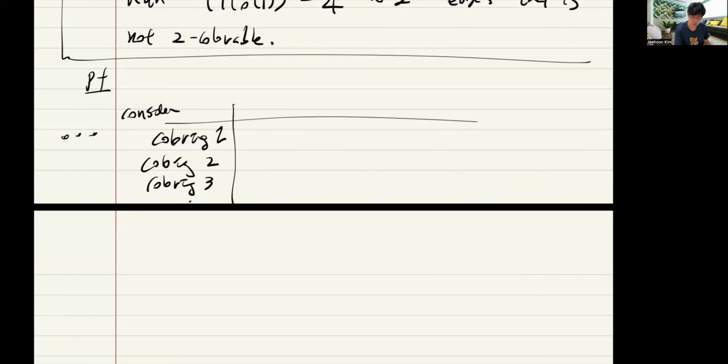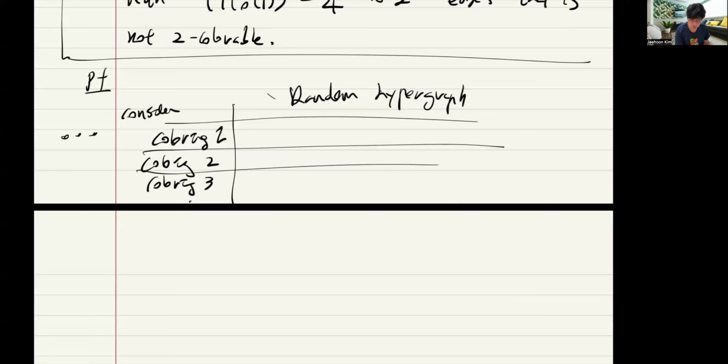And then you randomly generate the hypergraph. And then you check, in this random hypergraph, what's the probability that this one gives you a two-coloring? Say 1%.